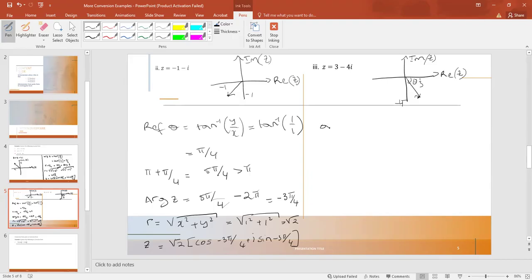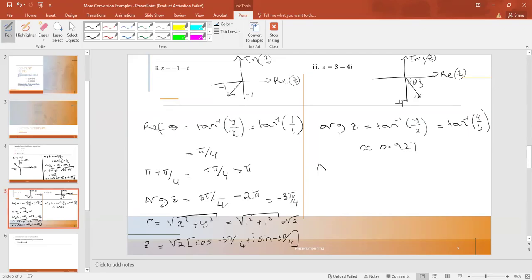So before then, we use our normal formula to obtain the argument or the reference angle to be equal to arctan of y over x. Once more, don't fall into the trap of using the negative value. Use the positive value first, which is arctan of 4 over 3. And the answer is approximately equal to 0.927 radians.